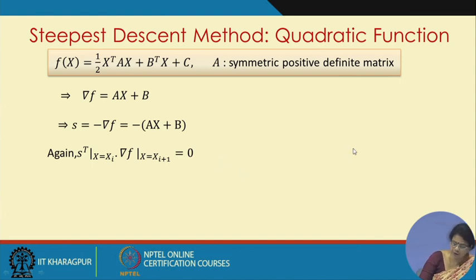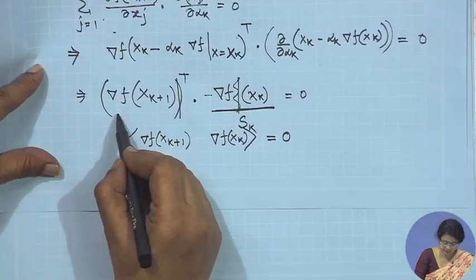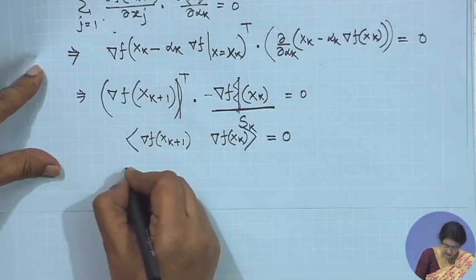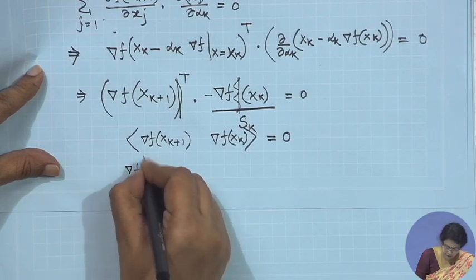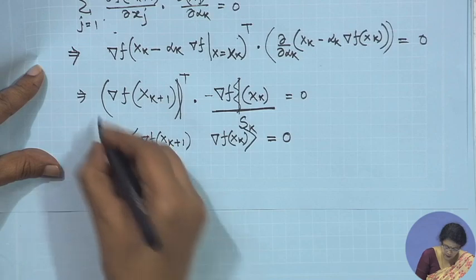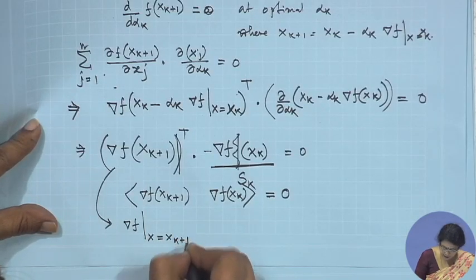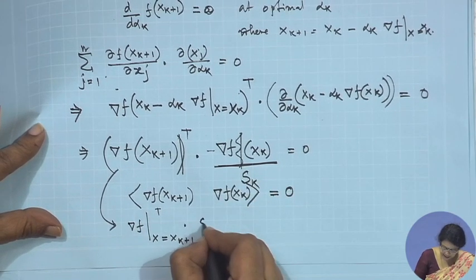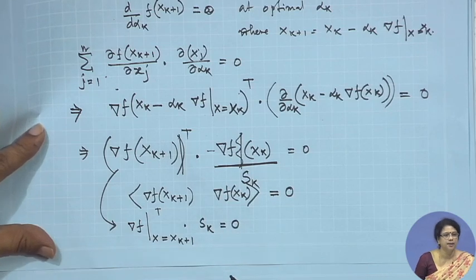Because just now, if you remember, we were proving this fact. What is that? Grad of f at x equal to x k plus 1, transpose, dot s k is equal to 0, alright.